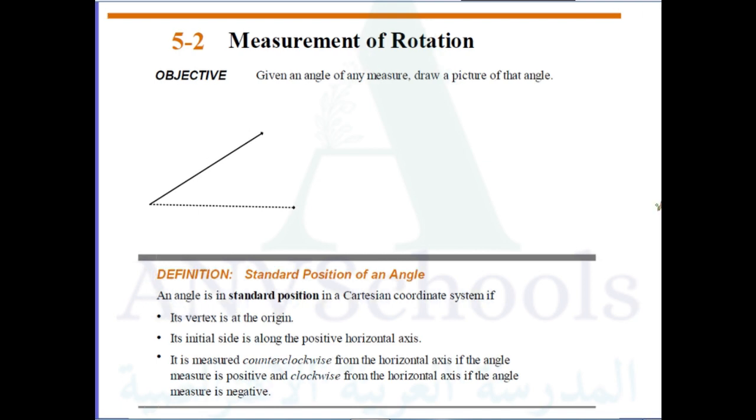And an angle is defined by two rays intersecting at a common point, which is what we call the vertex. So the vertex here is the point of intersection, right? So this is the vertex.